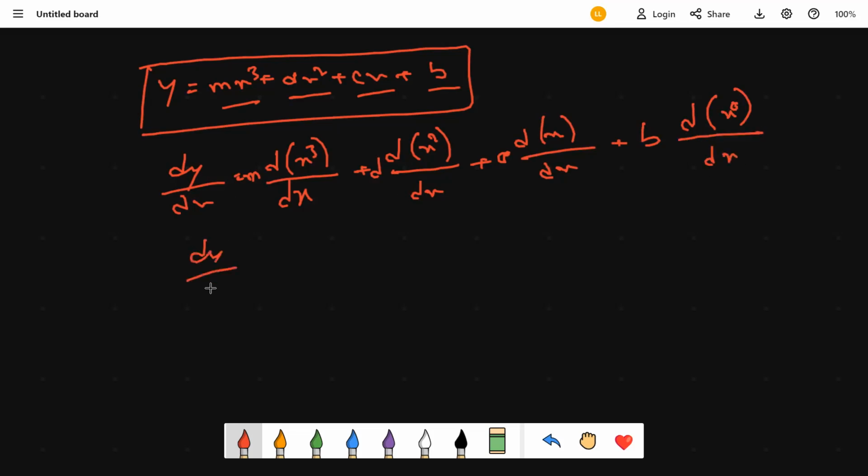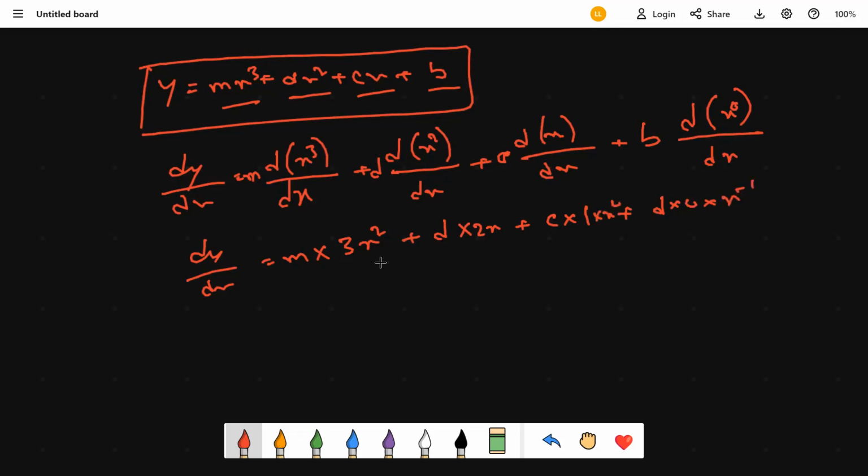Now when we differentiate them, we simply get a real value: 3mx squared plus 2dx plus c into 1 plus d into 0 into x to the power minus 1.